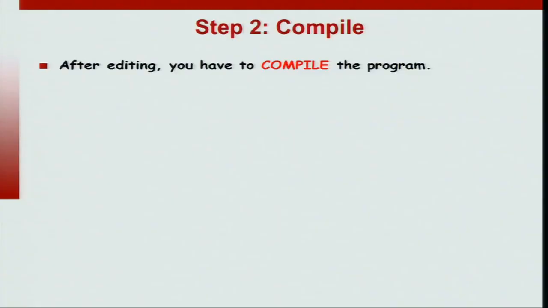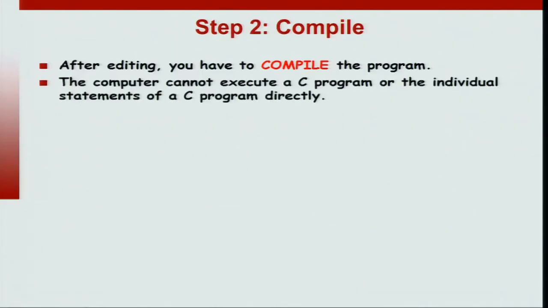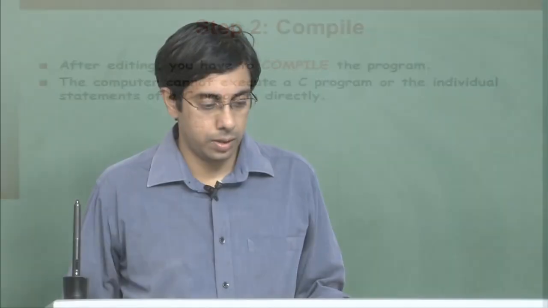Once your code is saved, you have to compile the program. Now, why do we have to compile a program? Why is this step necessary? The computer does not understand C per se. Okay, it cannot execute a C program or the individual statements in C language correctly.